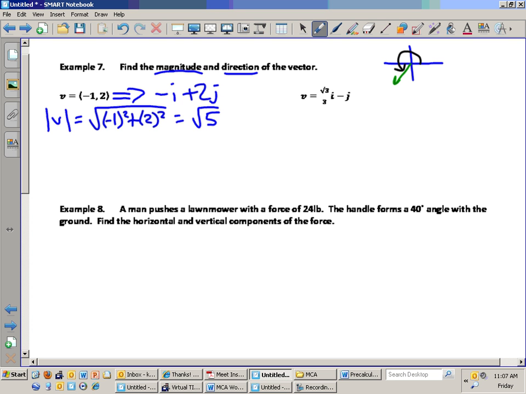It's going to be in the second quadrant. So we're looking for an angle in the second quadrant. And we can relate theta by this property. We know that the tangent of theta is equal to b divided by a, or 2 divided by -1.